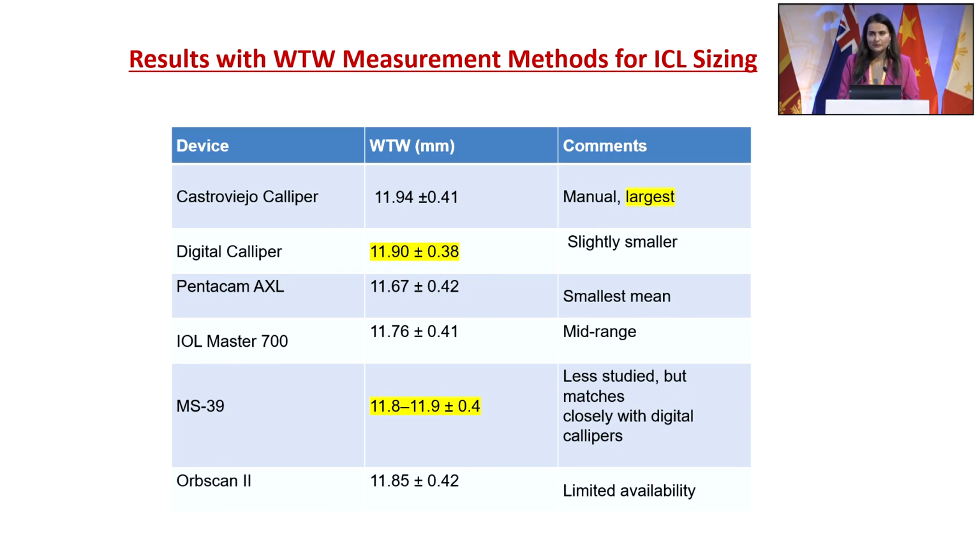The Pentacam gives you the smallest mean of all. The IOL Master gives you a mid-range value. The MS39, which I am currently using, is quite close to the value provided by the digital caliper. And the OBSCAN, of course, is considered to be very accurate, but because it's not available commercially, the availability is limited.